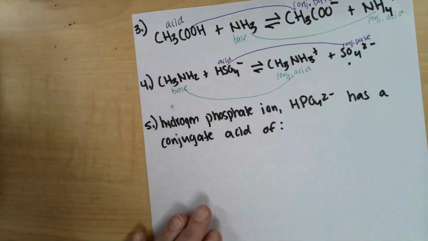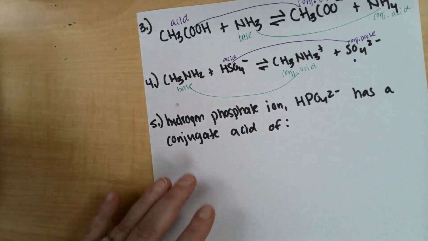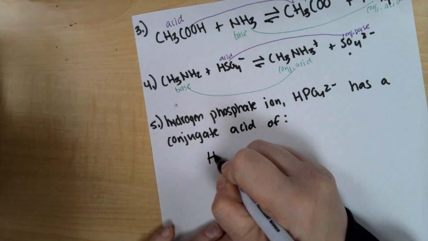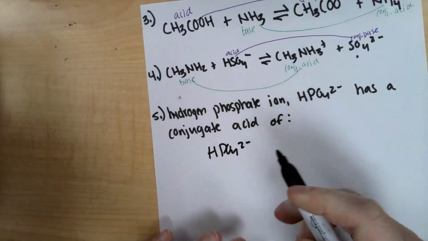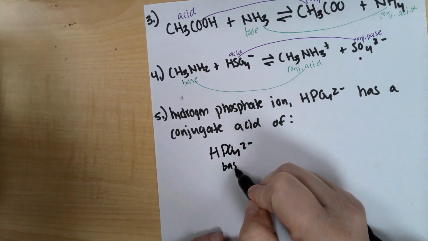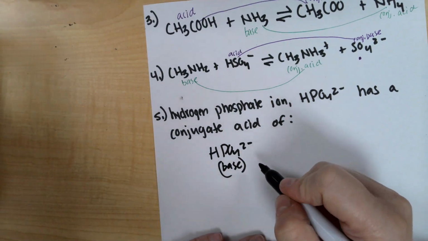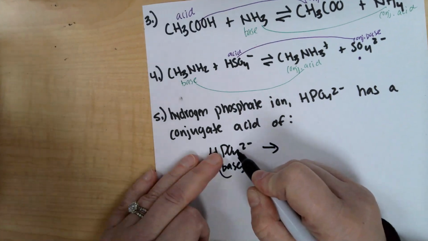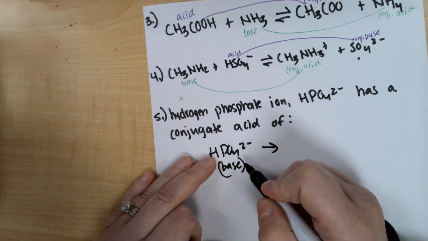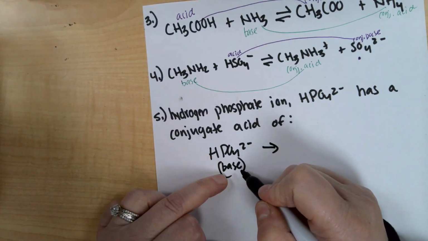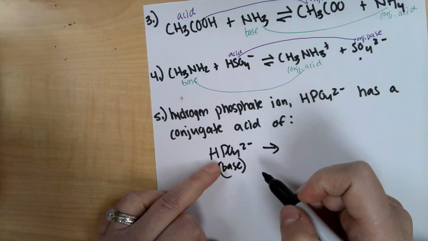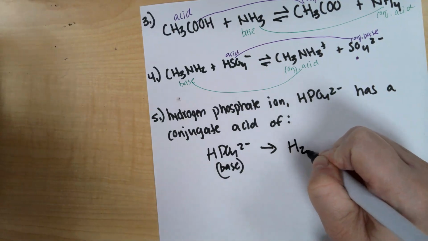So now what you have to think of is, I have HPO4 2-. And if it is a base, its job is to gain H plus. So you have to ask yourself, what is this going to look like once it gains the H plus? Instead of having one hydrogen, it's going to have two hydrogens.